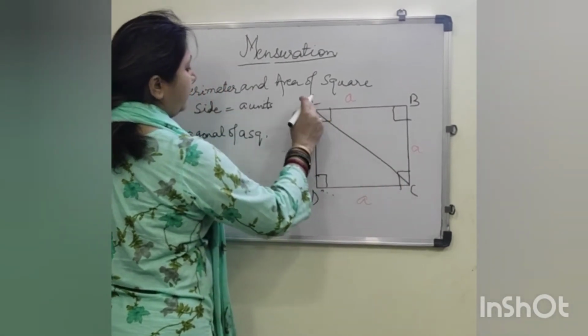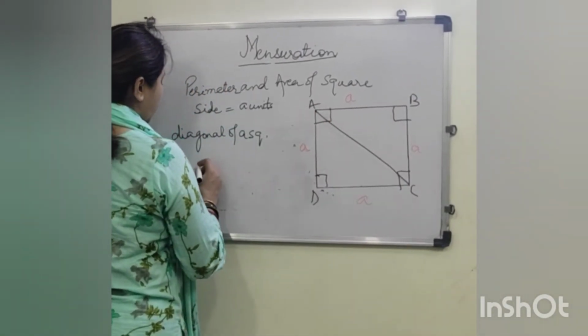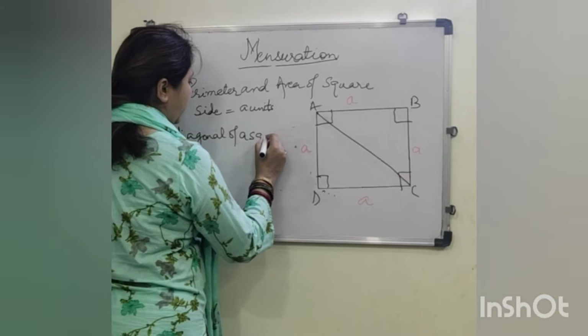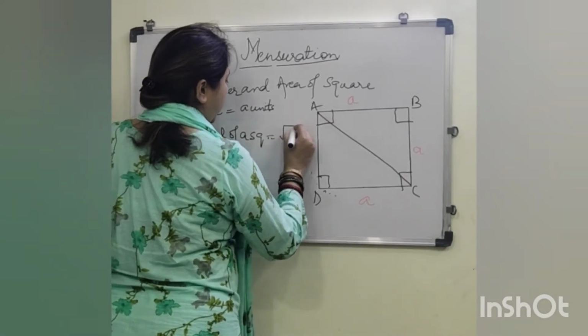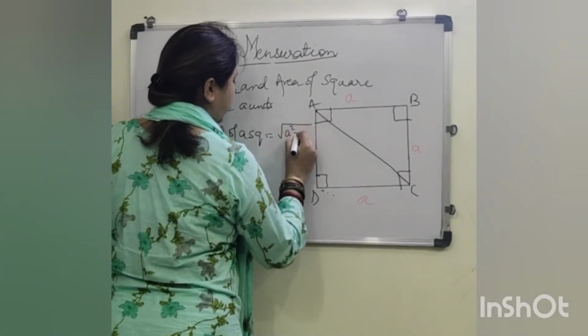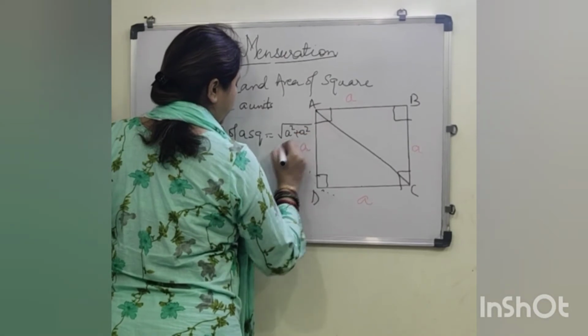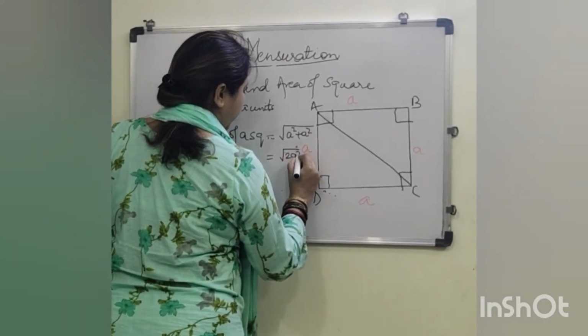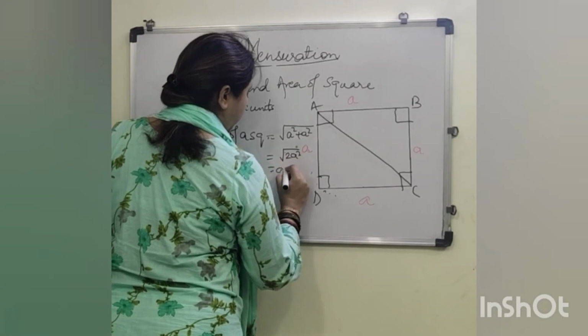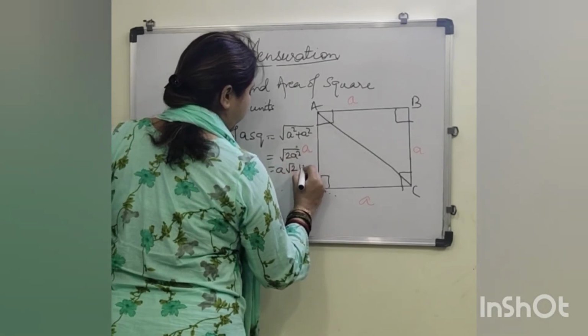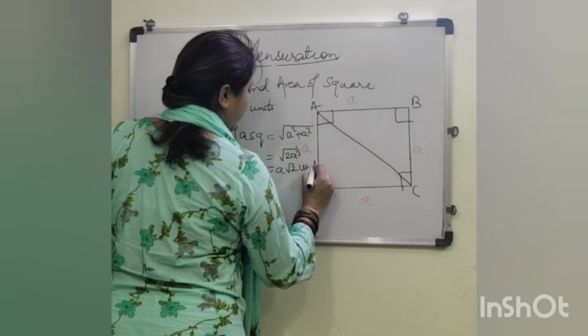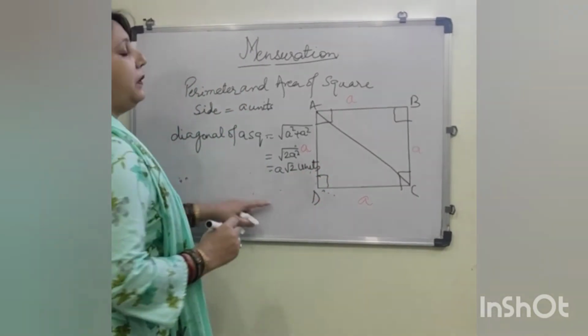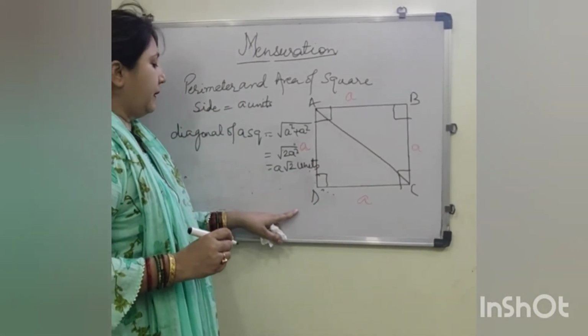This is a right triangle. So diagonal of a square is equal to under root a square plus a square, that is under root 2a square, or a root 2 units.